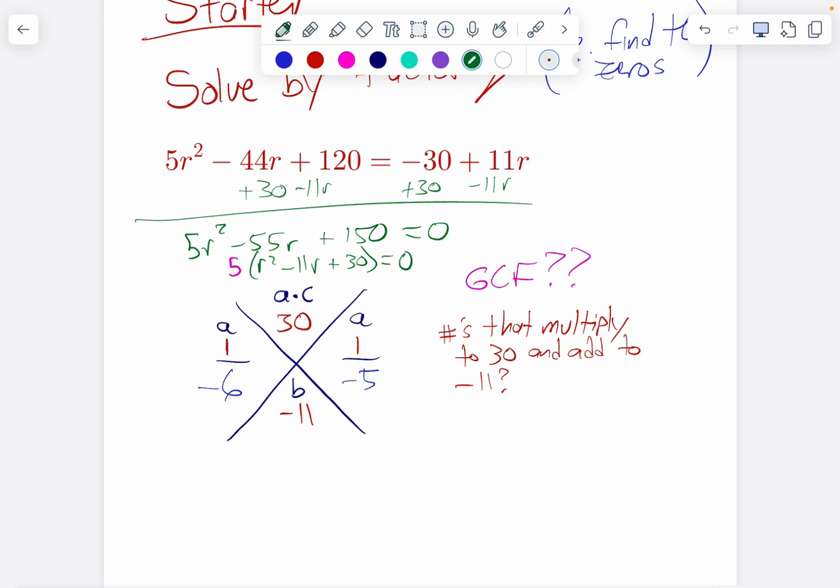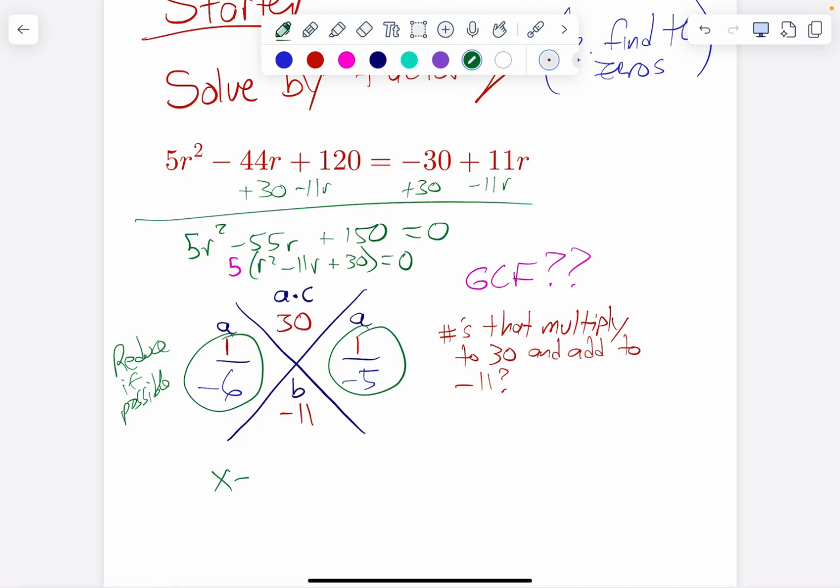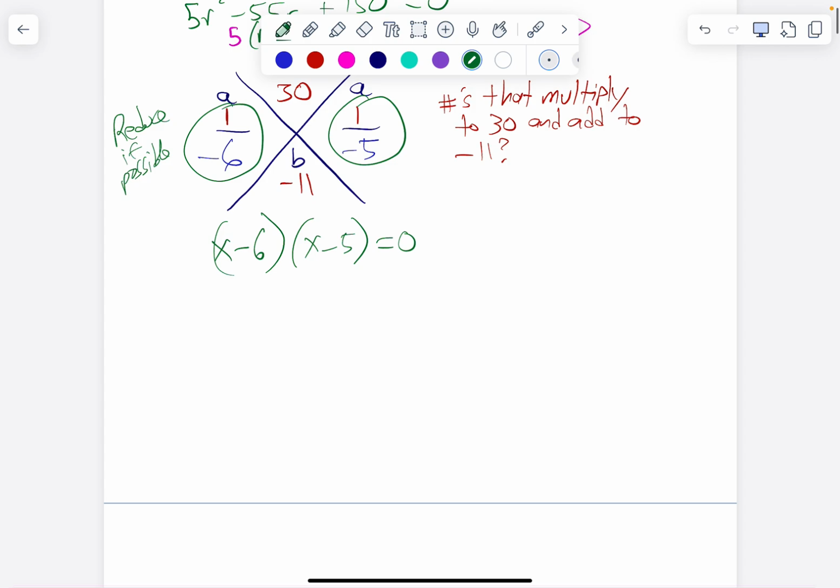Okay, then we want to reduce the sides if possible, but these are already reduced. And so we get r minus 6 times r minus 5, still equal to 0. Now what? Well, it's something times something equals 0, right?